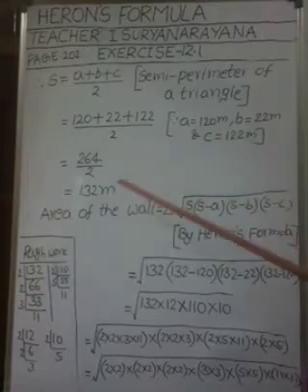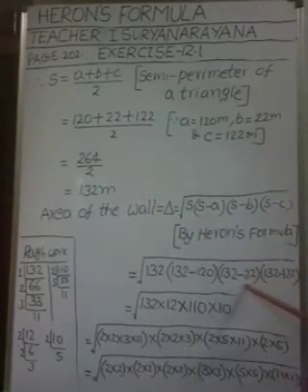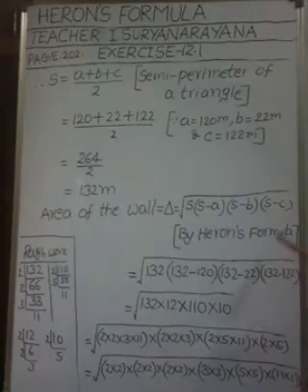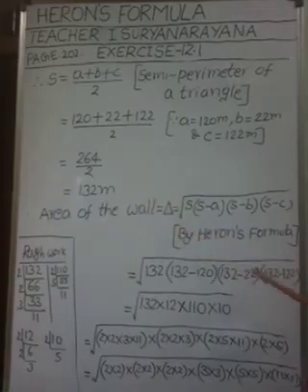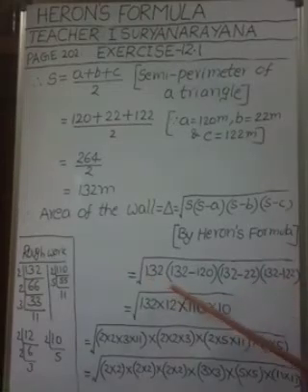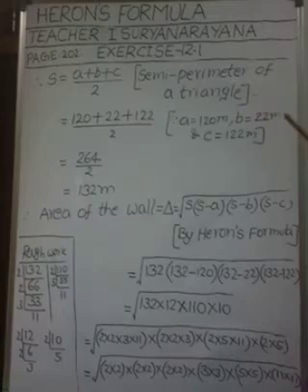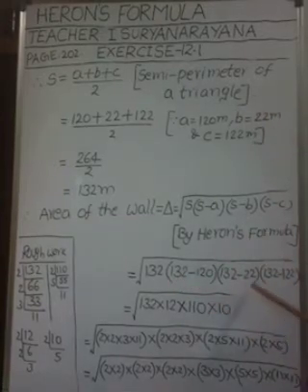S means 132 minus B means 22. Understood this part, my children? Right. Into (S minus C). What is S here? 132 minus what is C here? 122. Understood this part, my children? Understood this step, my children? By substituting the values of A, B, C and S, we got this step.